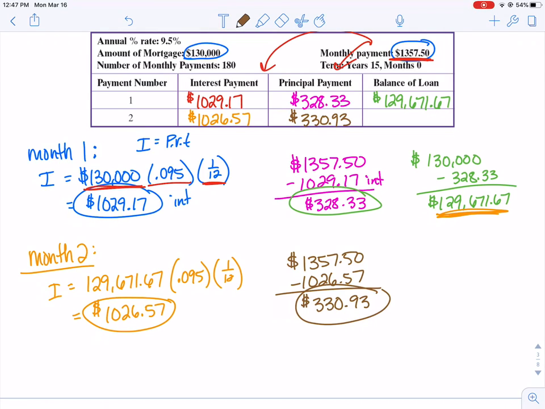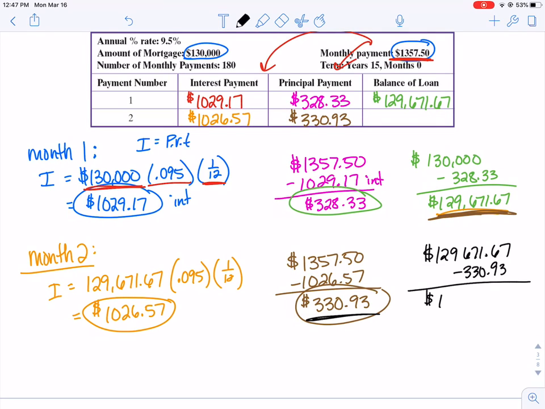So now let's figure out what our new balance is at the end of month 2. I don't owe $130,000 anymore. I don't even owe $129,671 anymore because I just paid off a little, right? So I had $129,671.61, but $330.93 is coming off my balance because the rest of it, remember, was going toward interest.